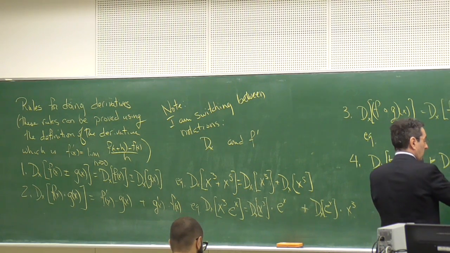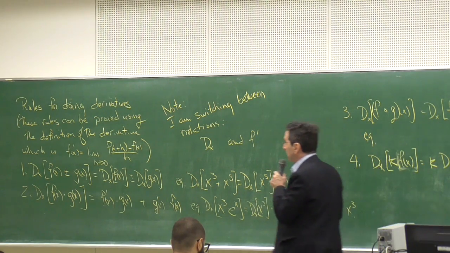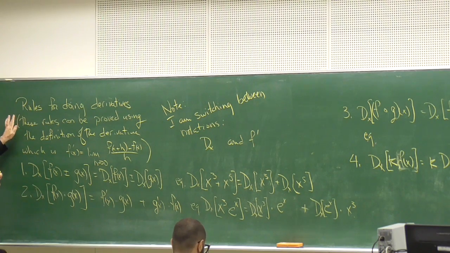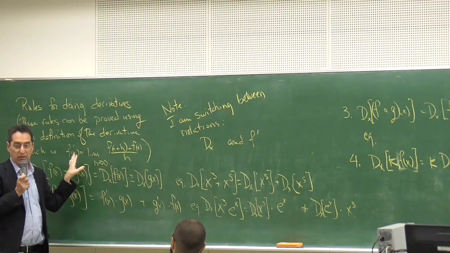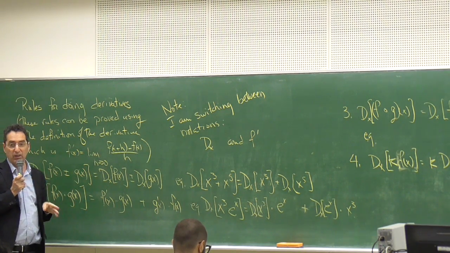An example, it's like the derivative of 10 times x cubed is 10 times the derivative of x cubed. Okay, so anyway, let's read this. So these are rules for doing derivatives. And all of these rules can be proved by going back to the original definition of the derivative. We can prove these, but we're not going to do that, but you can look them up.